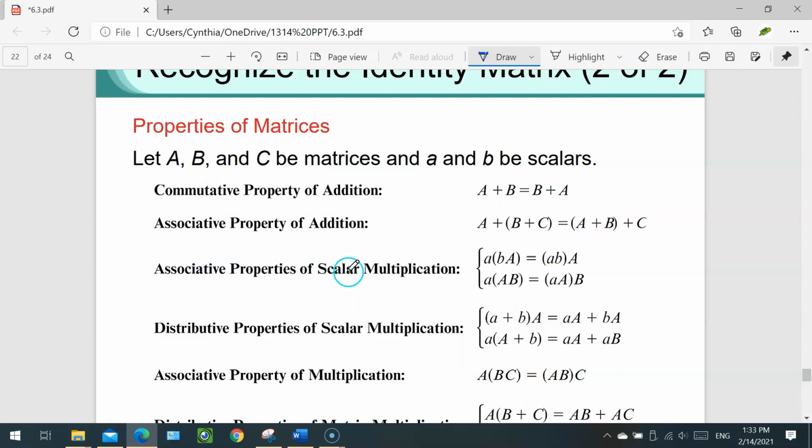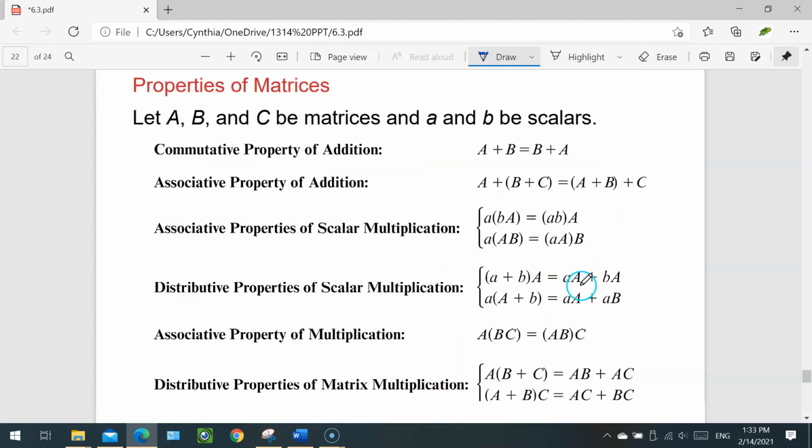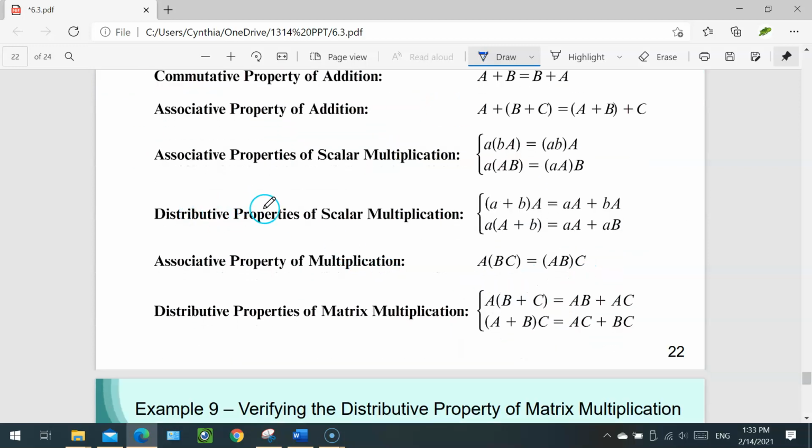Associative property of scalar multiplication. When you multiply a scalar A by a scalar B and then by matrix A, you can multiply the scalar B with matrix A first. It is equal: you multiply these two scalar numbers and then multiply with matrix A. Distributive property of scalars.